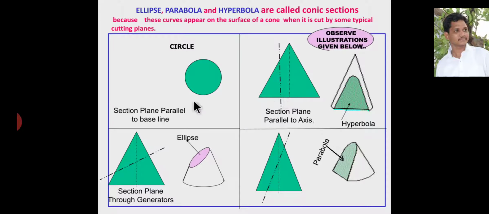As well as in case of circle, the section plane cuts all its generators, but the angle between the axis of the cone and the section plane is 90 degrees. Then the section is a circle. These are the main differences between circle, ellipse, parabola and hyperbola.